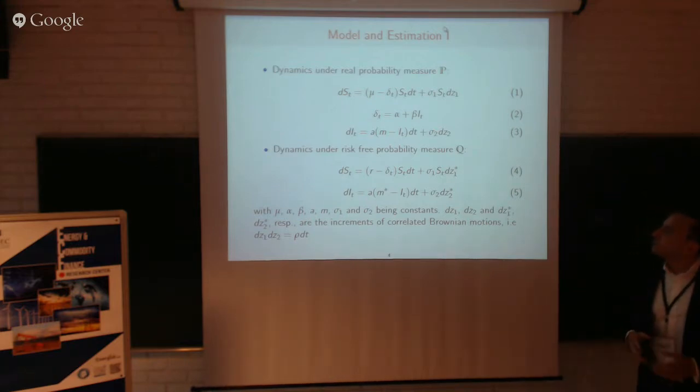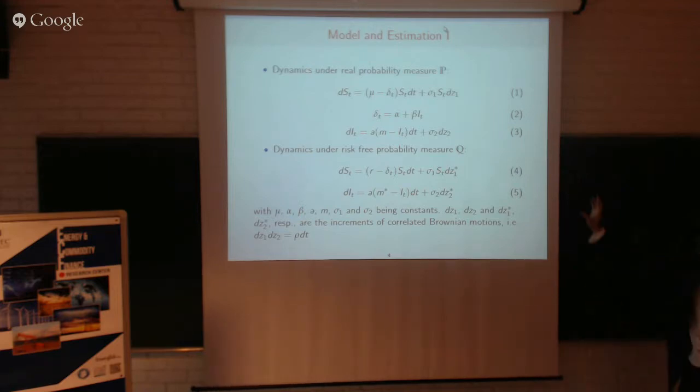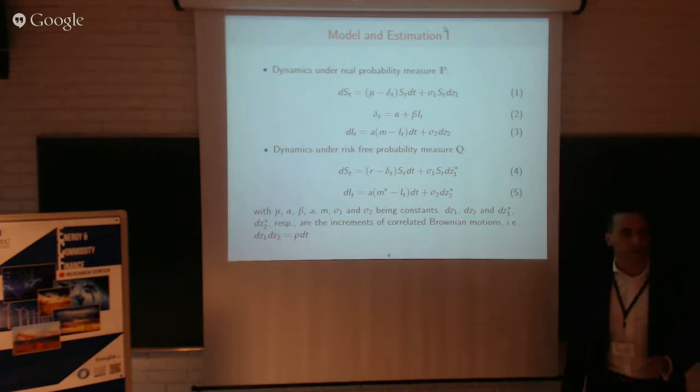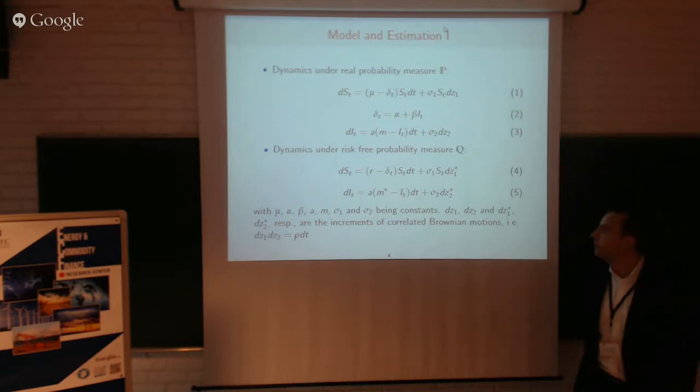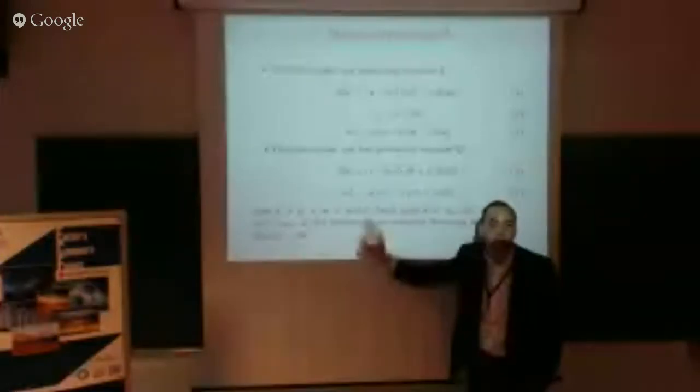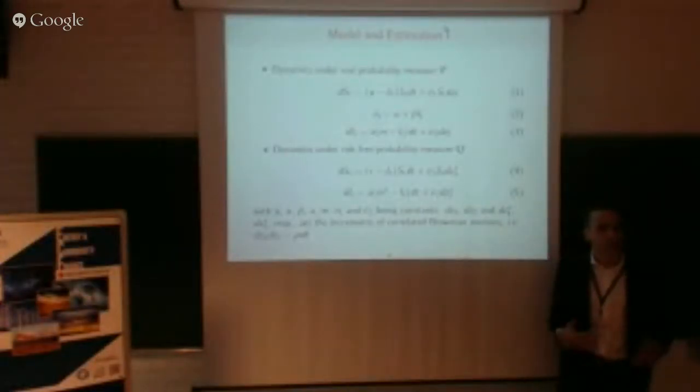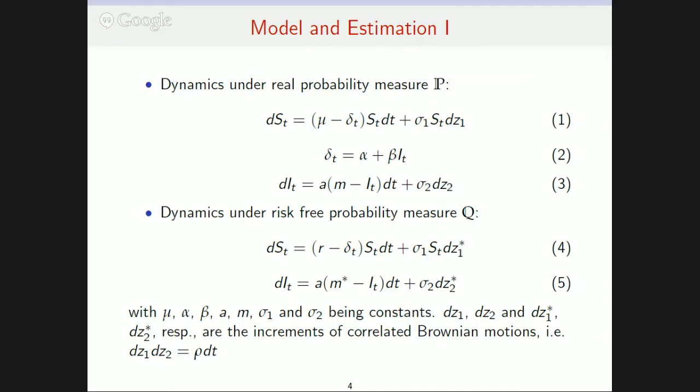And this is our new model, which we will then try to estimate and also look at the characteristics of. Important, of course, are the alpha and beta, which define our structural relationship between the convenience yield and the inventory levels.